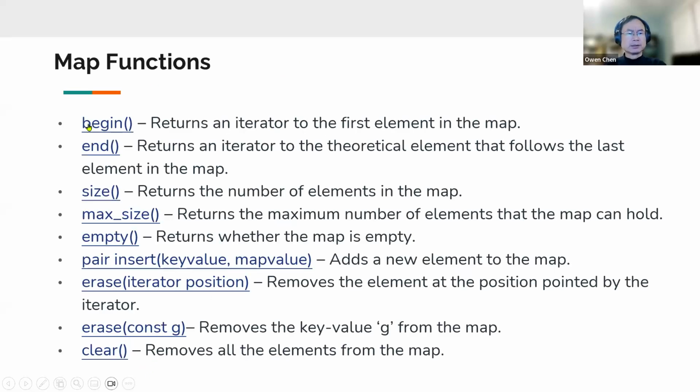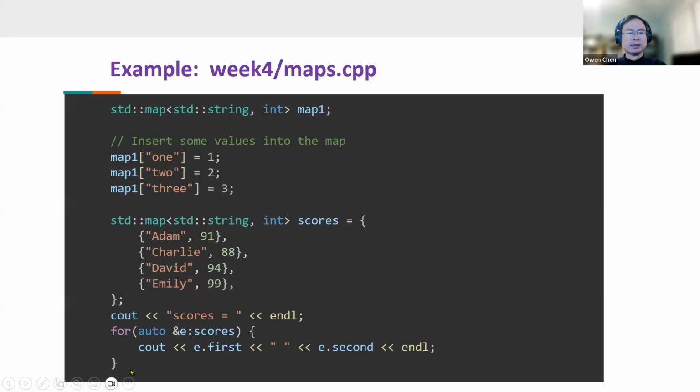You have similar methods we've seen: begin, end, size, and empty. All of those methods are in the other data structures too. Right? And so here's an example. We define the map between a string and an integer, this is map one.